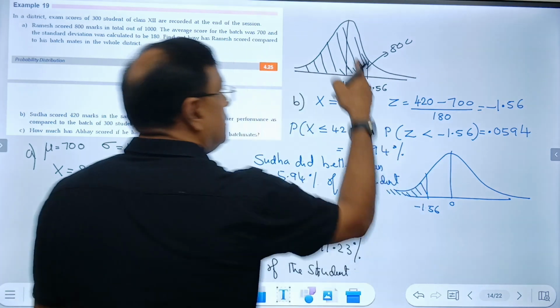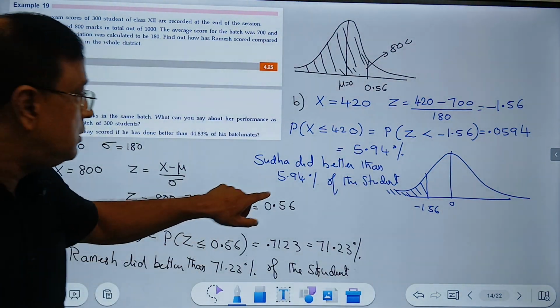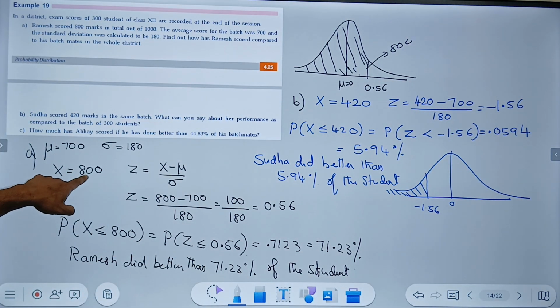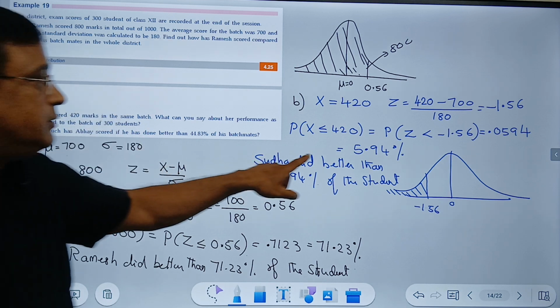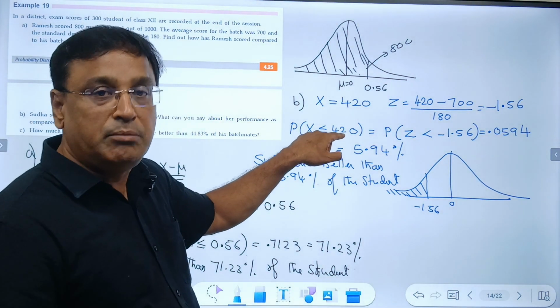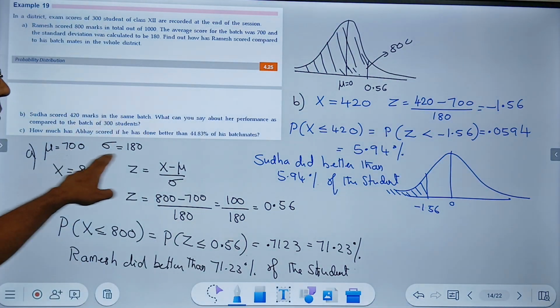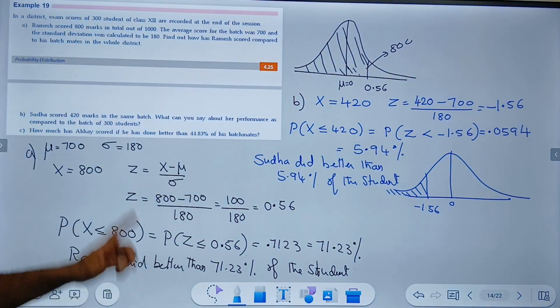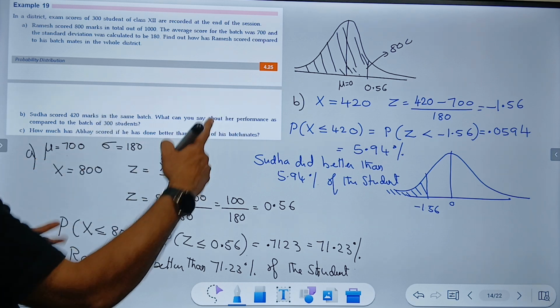She has done worse than Ramesh, but because Ramesh is far ahead, 71.23%, because his score is very close to the mean. The mean is 700. He has got a little above the mean, whereas this person got very much less than the mean. You see, 700 is the mean, but she got only 420. So definitely her performance is not good. If they ask you to compare Ramesh and Sudha, just I'm saying.